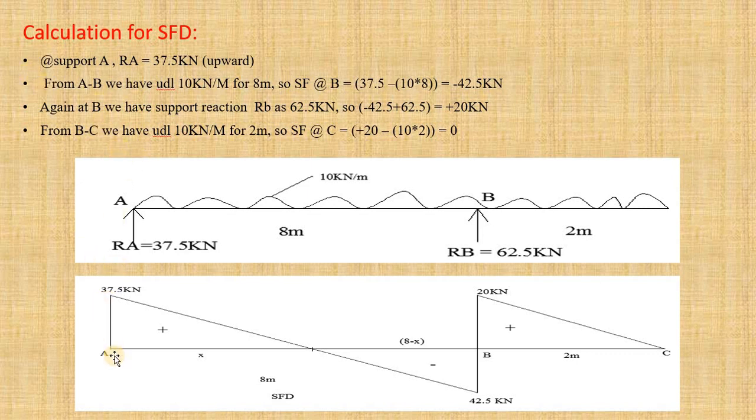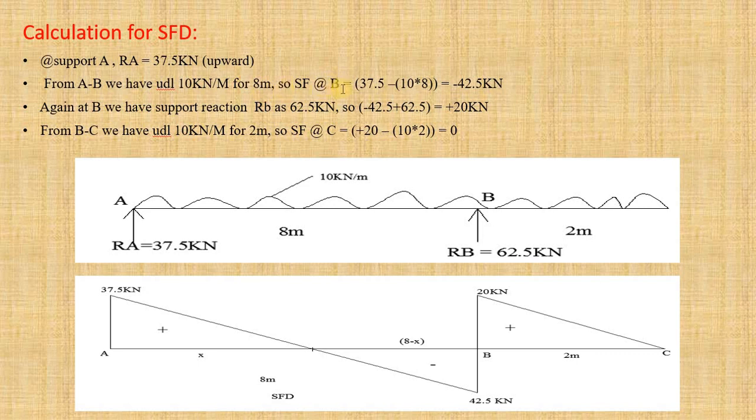Then I should move to point B. Now the movement is from A to B. In between A to B, if we have any loads, we should consider them. So I have written the statement that from A to B we have a UDL of 10 kilonewton per meter for 8 meter.